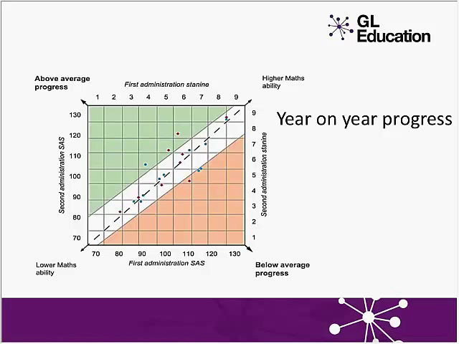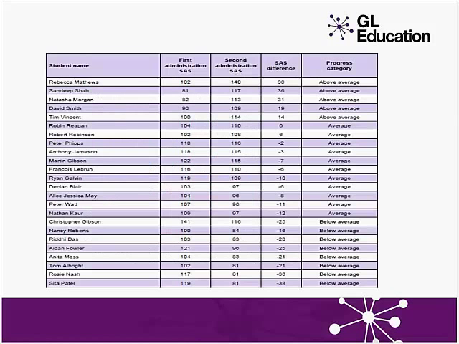And then you get a breakdown student by student, having used it in year 5 when they first assessed, and then their score in year 6, and you can see if they've made above average or below average progress.